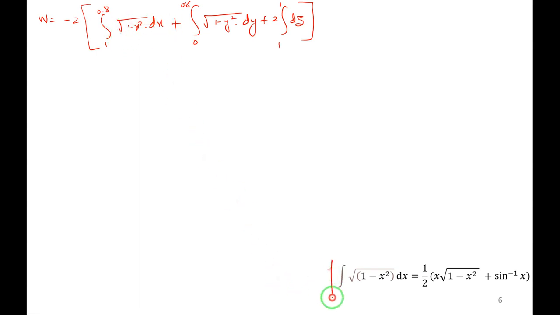I should know the integration of root of 1 minus x square, so I have written the formula here for my reference. This is the standard integration: integration of root of 1 minus x square into dx is equal to x root of 1 minus x square plus sine inverse of x, divided by 2.